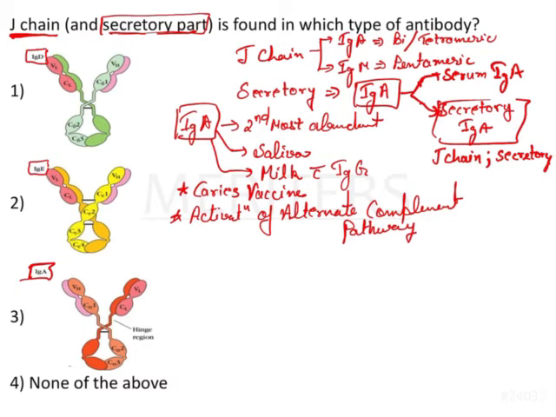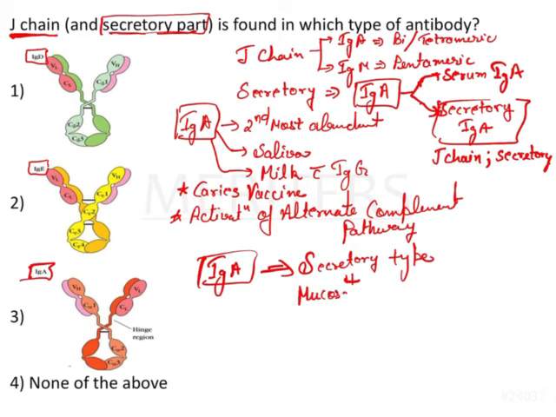Now one more important thing: the immunoglobulin A which is of the secretory type is generally secreted by the mucosa or glandular epithelium.